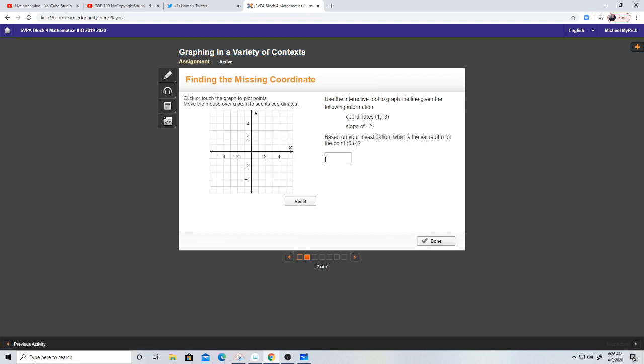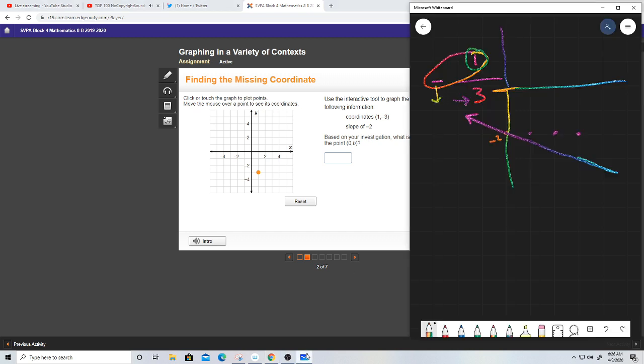The line can be graphed if you know its slope and a point that lies on it. Look, coordinates 1, -3. So just graph the coordinates: 1 over, down 3. It says a slope of -2.